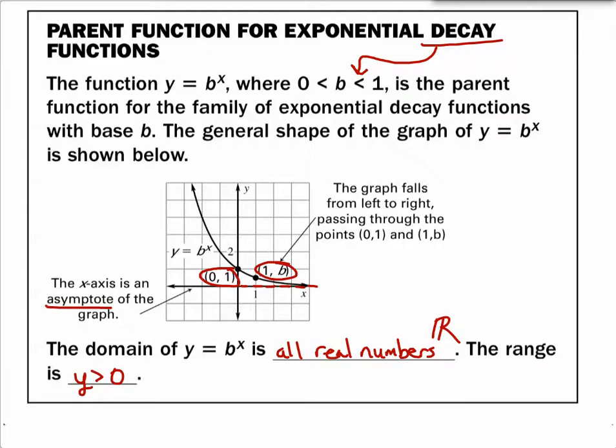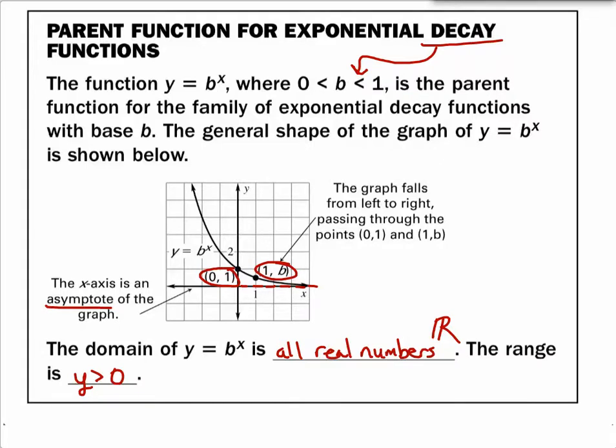So the domain is all real numbers, and the range is y is greater than 0. That was true last time as well. So the domain and range haven't changed. The magic ideas about specific points haven't changed. And in fact, the shape hasn't changed. It's just backwards. What do you know?